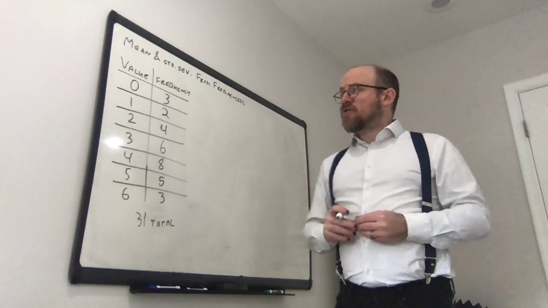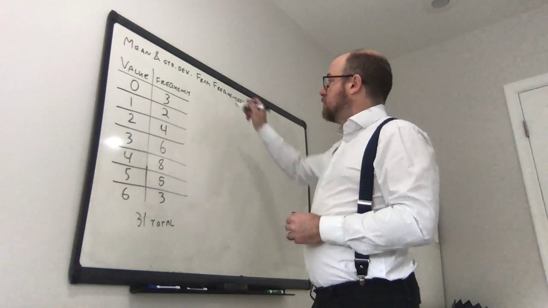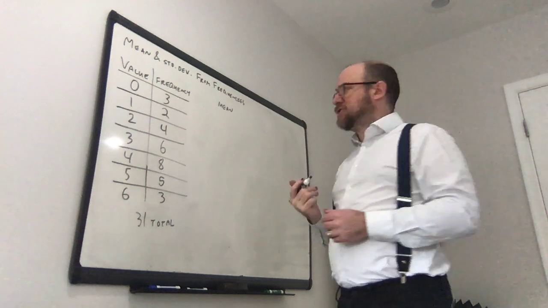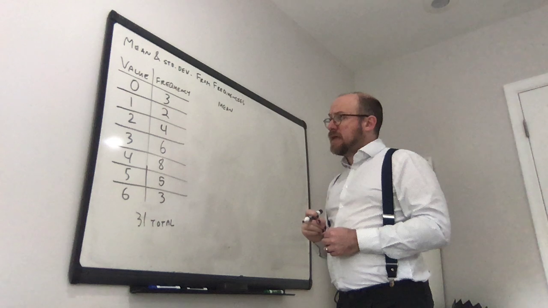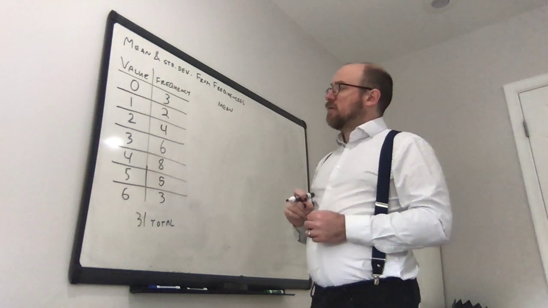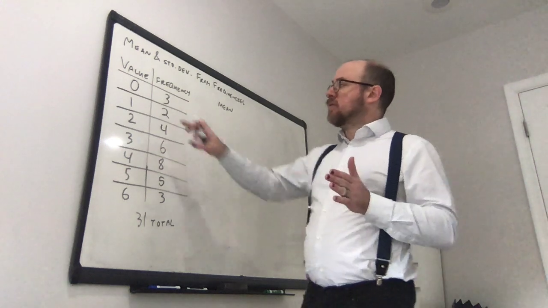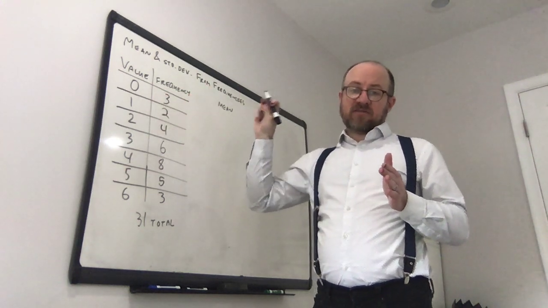Okay? So let's do the mean first, because we need that one for the standard deviation. And it's actually kind of the easiest to understand. So for the mean, how can we figure out what this is? Well, we'd want to add up all the individual values. So if there's 3 zeros, you would want to take 0 plus 0 plus 0.